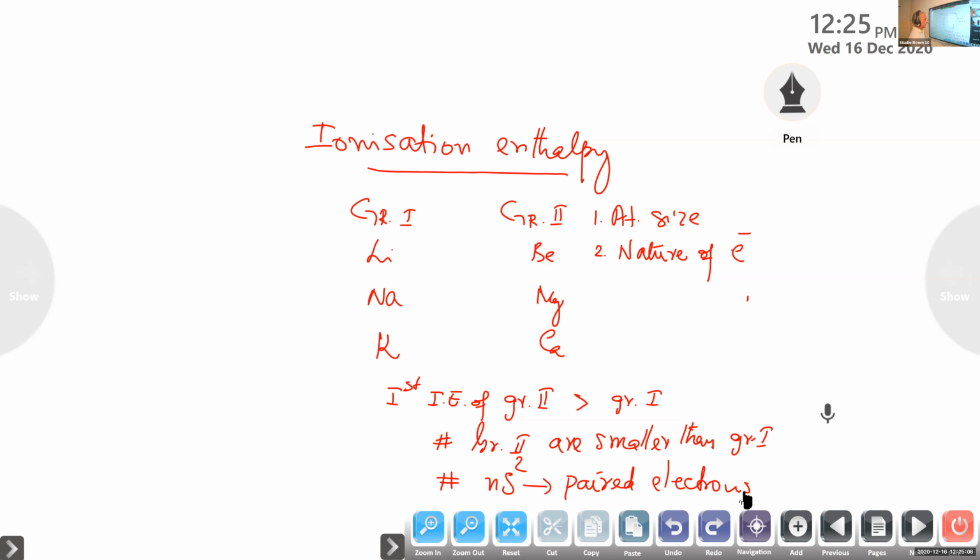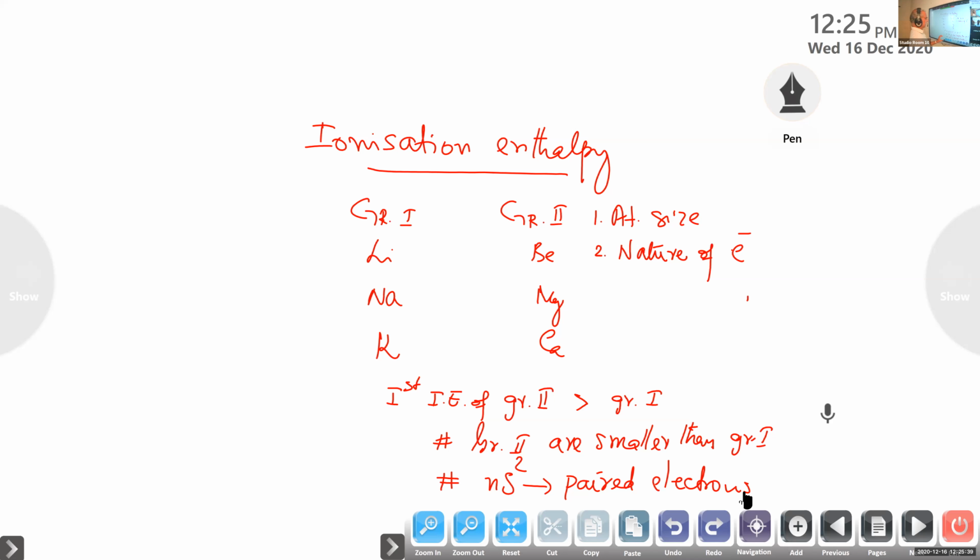So due to these two factors, one, group 2 atoms are smaller than the corresponding group 1 atoms, and the first electron from the group 2 elements is to be removed from the paired s2 level. We know the maximum capacity of the s level is 2, and it has extra stability.